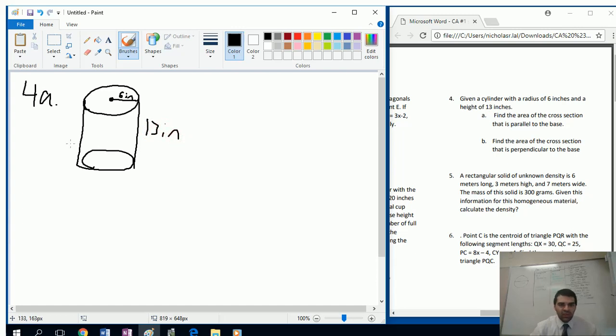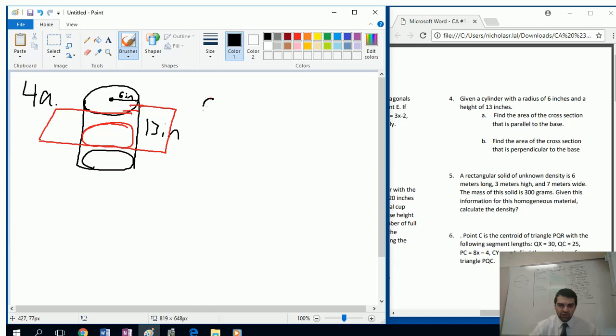And a cross-section is really when you have a plane that goes through. I'm not drawing it super well, but it goes through the cylinder, and you look at what the two-dimensional shape is when the plane is created. And here, if I draw it, you might be able to see it. The shape is a circle, and the circle has coordinates identical to the base. So it's parallel to the base.